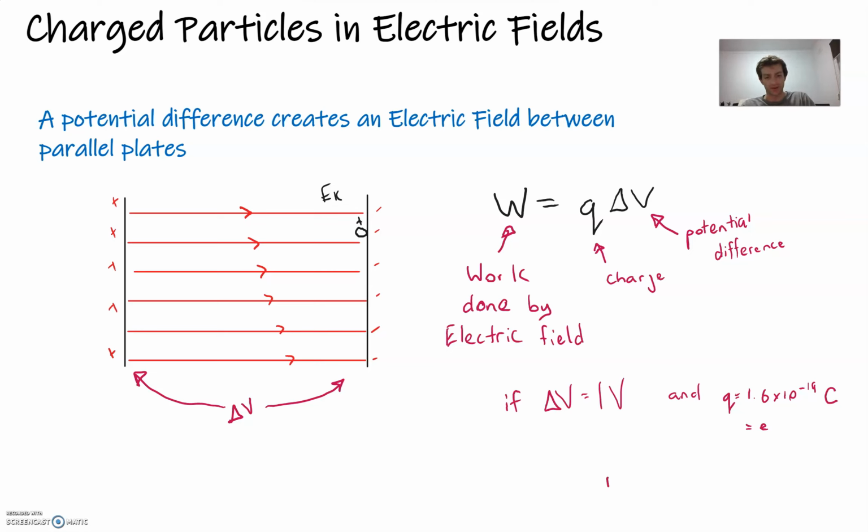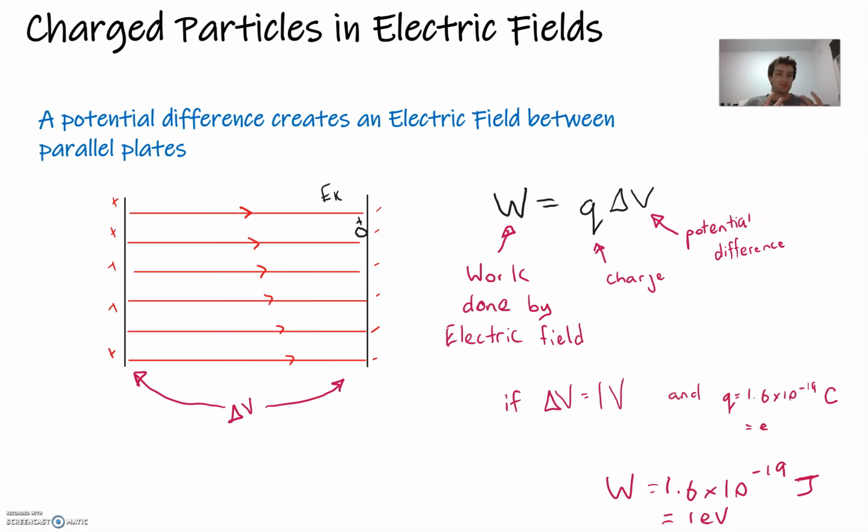So the work done there would be the potential difference, which is 1, multiply the charge, which is 1.6 by 10 to the power of minus 19, and we get 1.6 by 10 to the power of minus 19 joules. Now this amount of energy here is exactly 1 electron volt, so it's got an alternative unit of 1 electron volt, 1 eV.